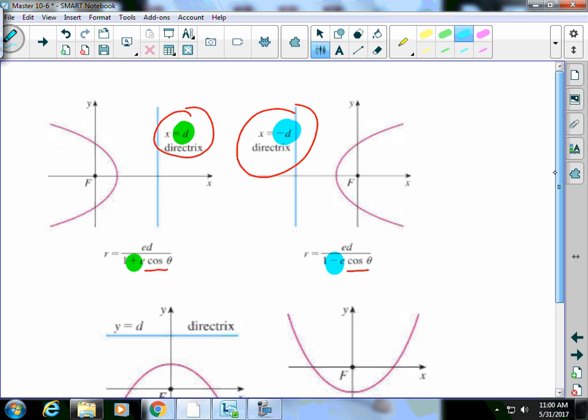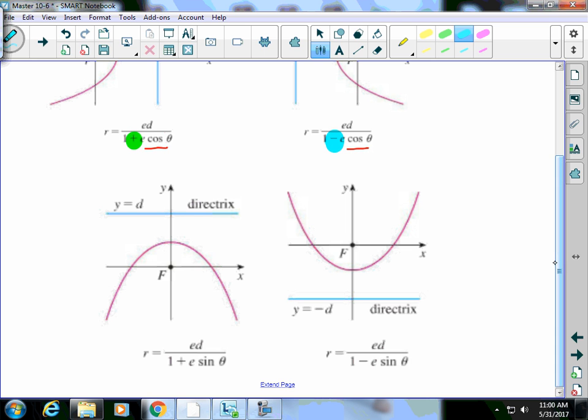So that means sine would work with y's. And guess what? Looking at this, positive, negative, negative. With sine theta, the directrix is y equals. I'm going to use that concept. So it's a really easy function to remember.